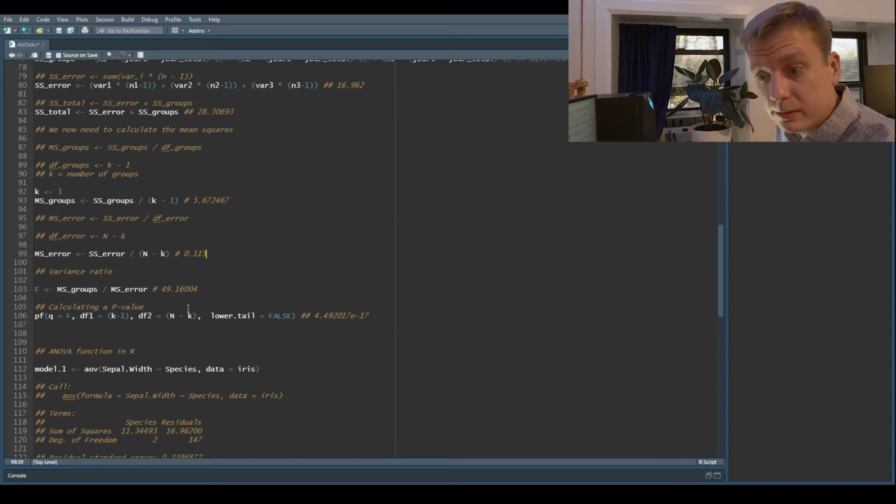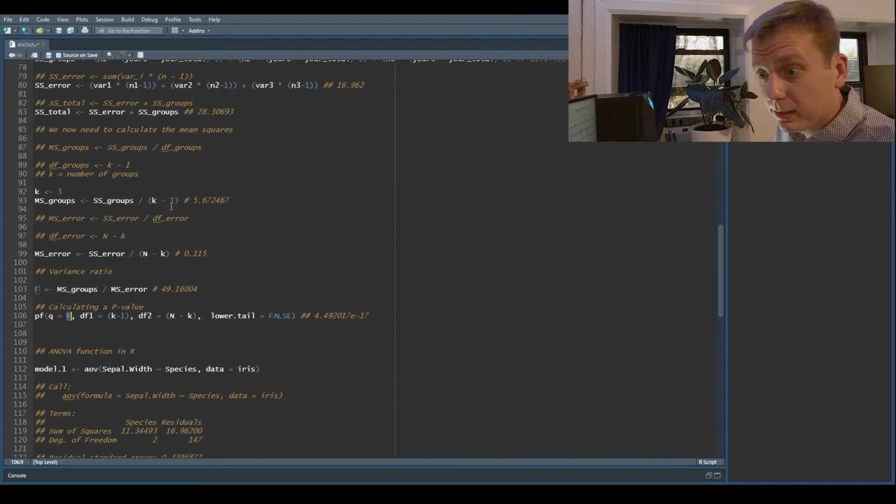We can test this by calculating a p-value using the pf function, and we include f as our q, as our variance ratio. We have 2 degrees of freedom. We have the degrees of freedom for the numerator and degrees of freedom for the denominator. The degrees of freedom for the numerator is k minus 1, and the degrees of freedom for the denominator is big N minus k.